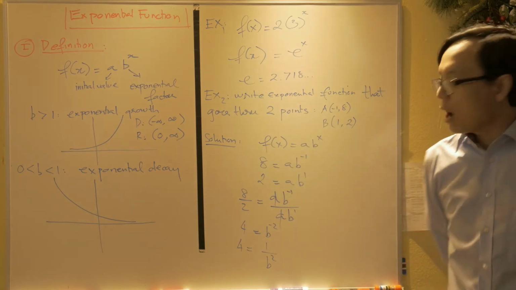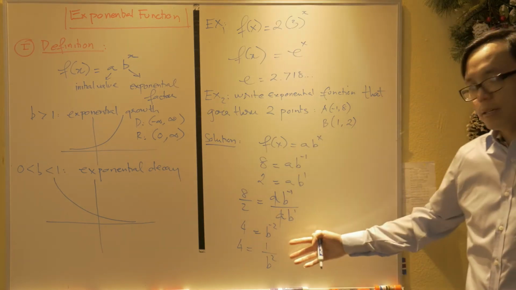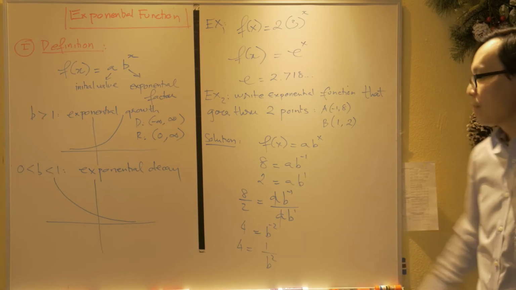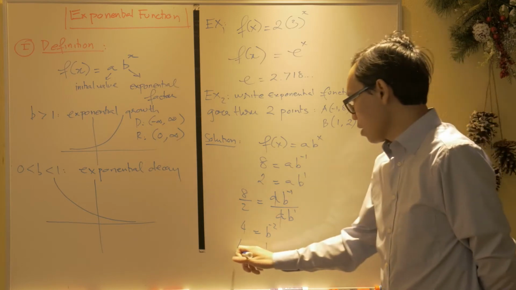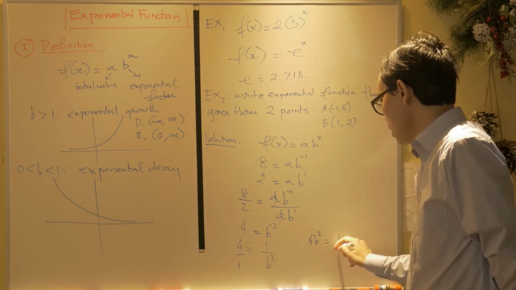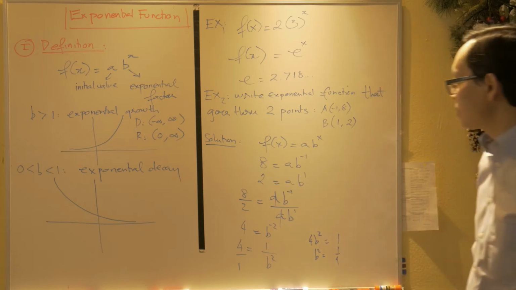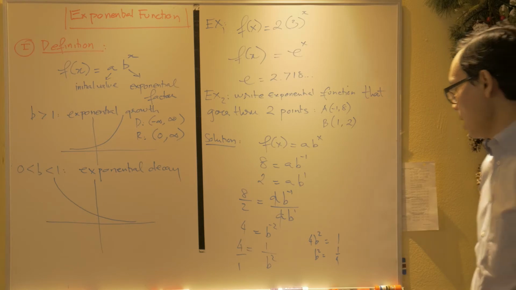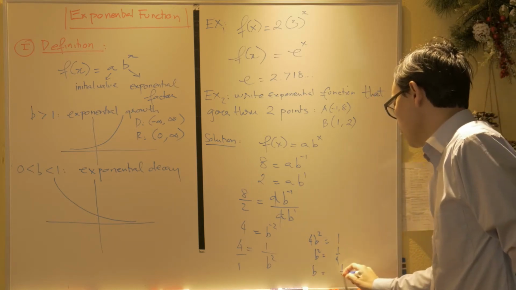You can change it to a positive exponent by flipping it over. We already learned this in intermediate algebra. Then you can cross multiply, so you have 4b squared equals 1, and you can get b squared equal to 1 over 4.